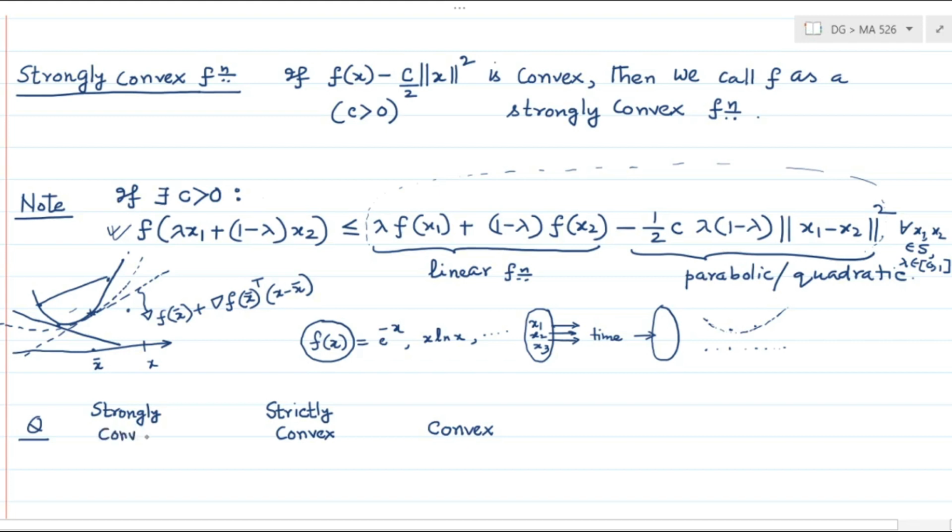Here, if you are saying that a convex function might not be strictly convex, for that you need to give an example. You can construct very easy examples.